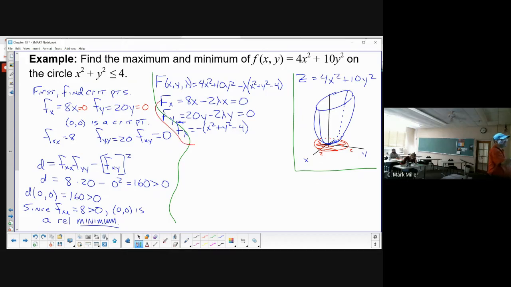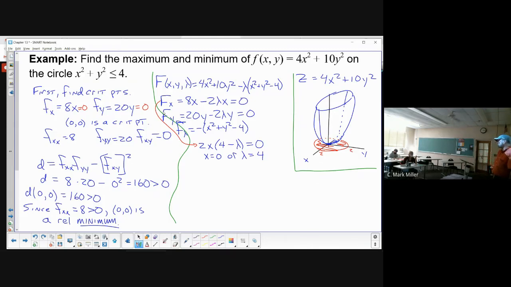This Fx equals 0. That factors into what? 2x times (4 minus lambda) equals 0. That gives you x equals 0 or lambda equals 4.